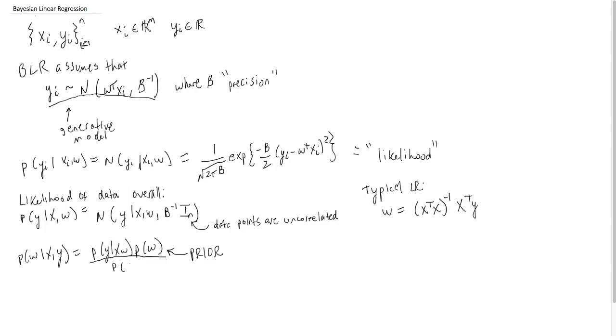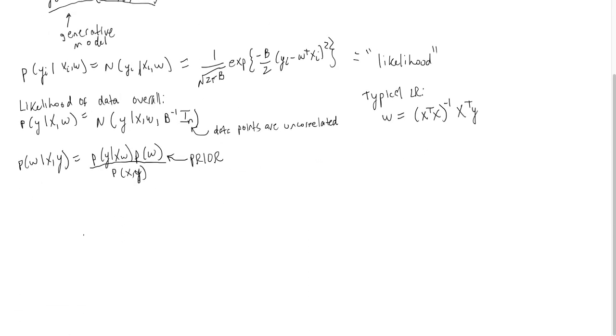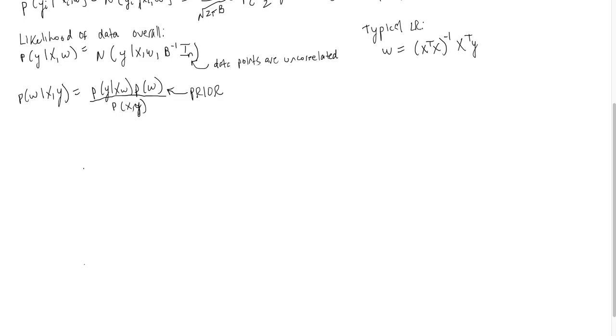This is divided by the probability of the data, which just ends up being a normalizing constant and does not depend on w. This is, again, the likelihood, and then this is called the posterior distribution.